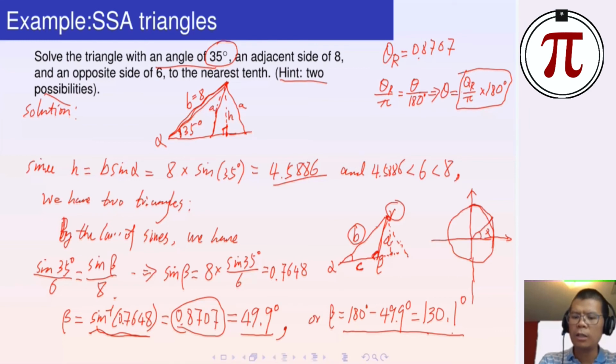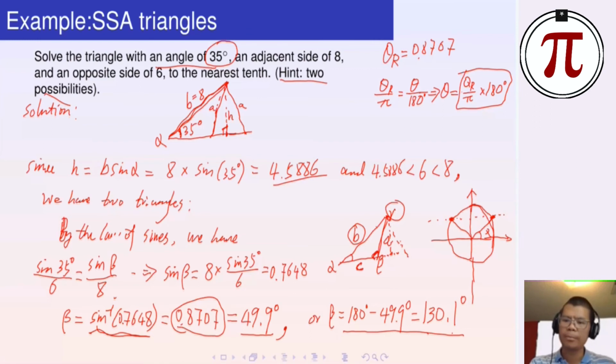If this is alpha, we draw another one that's going to be reciprocal about the y-axis. So this point and this point is going to be what? This line will be parallel to the y-axis.